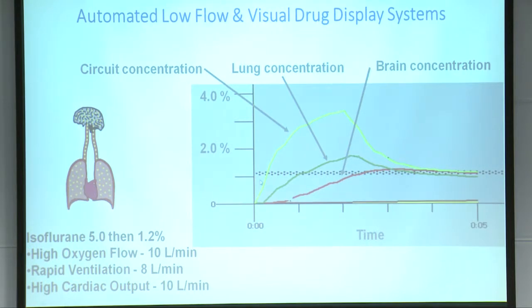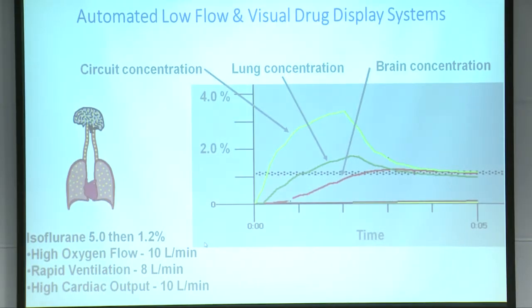And you can see here the rate of rise of the inspired concentration, the rate of rise of the end-tidal concentration, and that combined brought the brain concentration to the target level in less than 3 minutes. Very rapid controlled induction. This did happen at a high fresh gas flow or rapid ventilation and a high cardiac output. Induction is not nearly that fast if we don't have these sort of prime conditions.